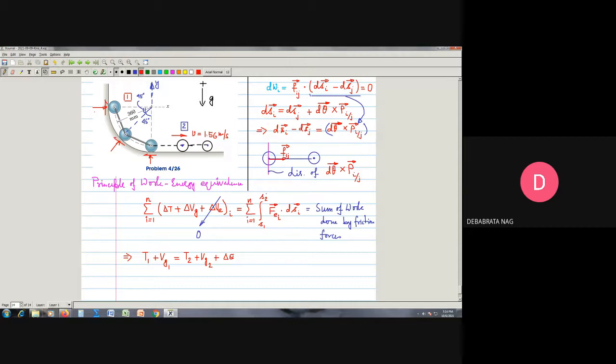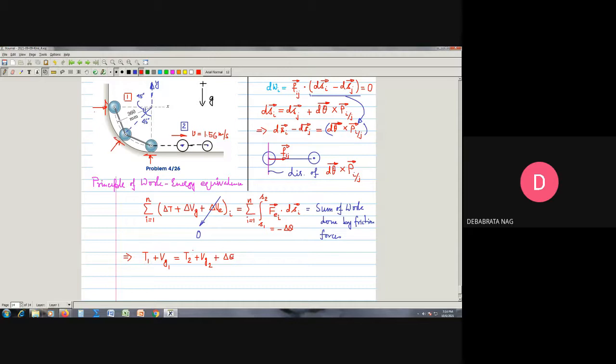So since this entire thing is going to be negative, ultimately I can write this equation in this form. It is because if I replace this by minus delta Q, the minus sign comes because it is the work done by the friction forces.